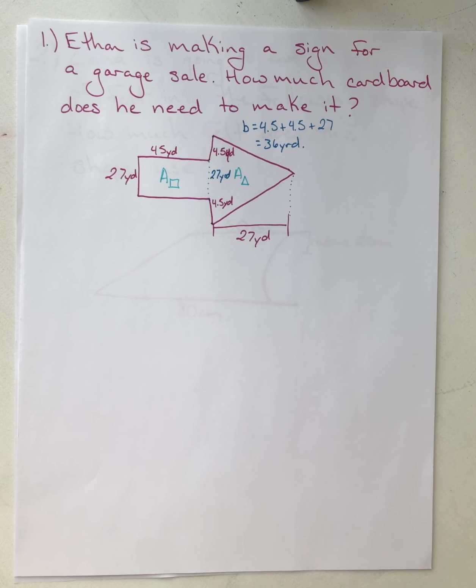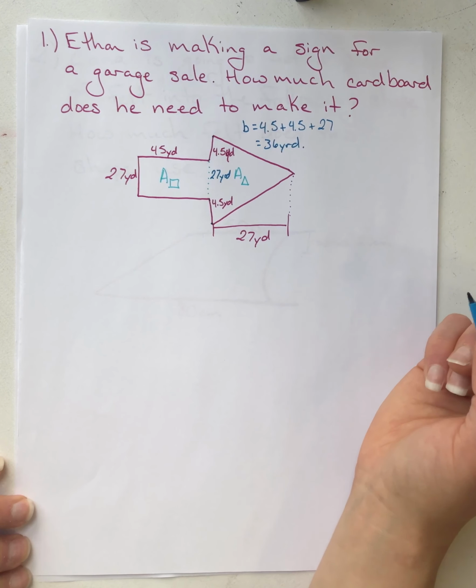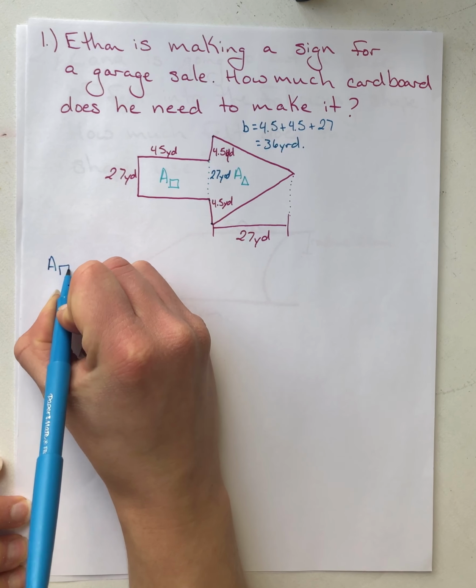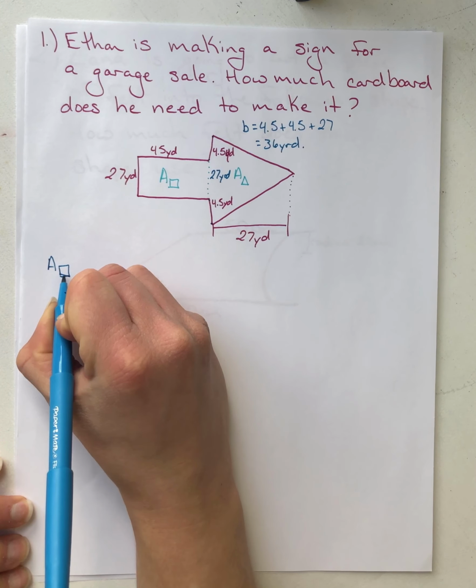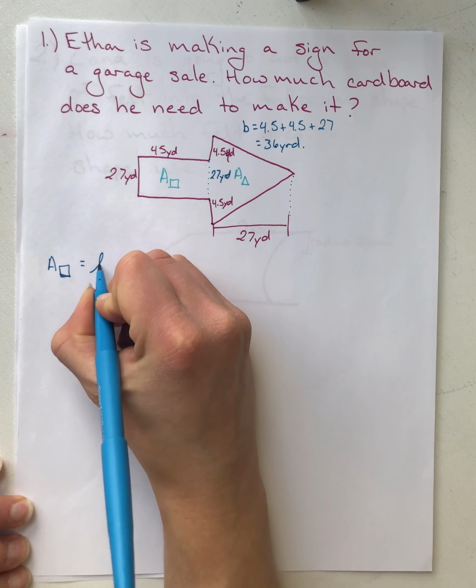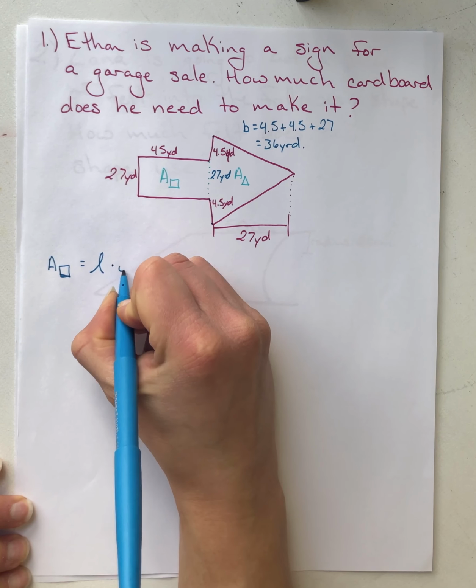So what I'm going to do now is write my equations. I have the area of my terrible rectangle, but that's okay, we're gonna roll with it, which is going to be my length times my width.